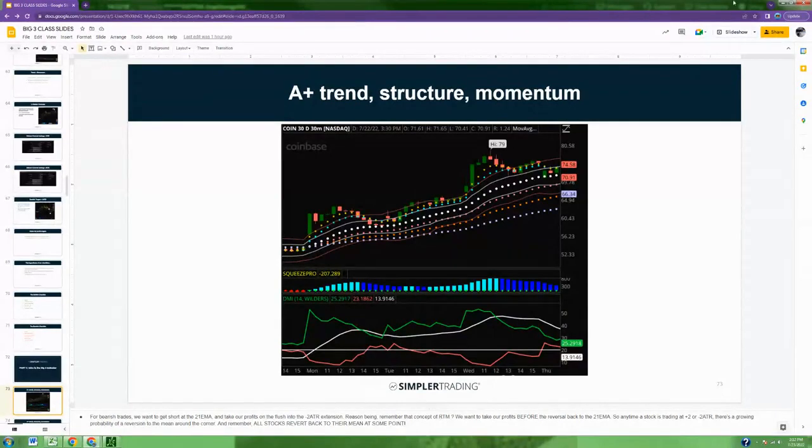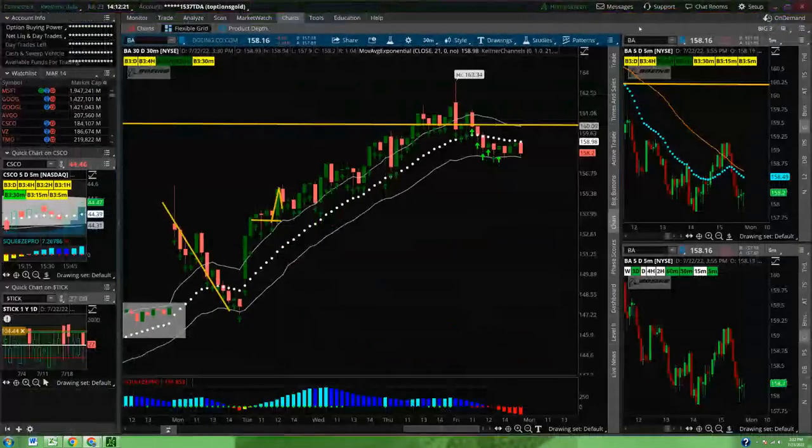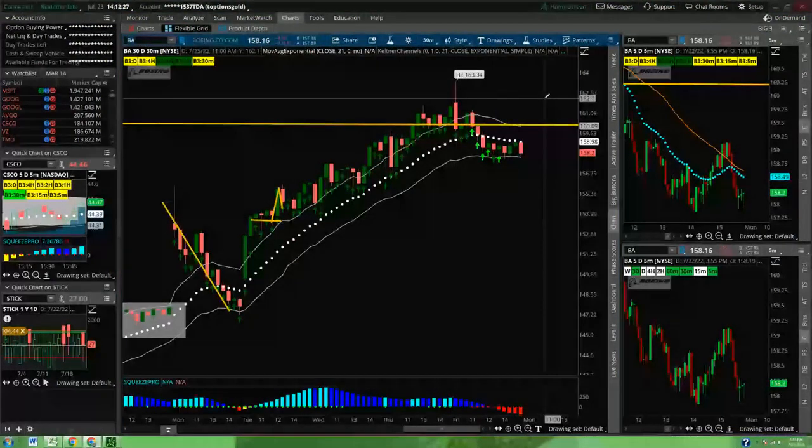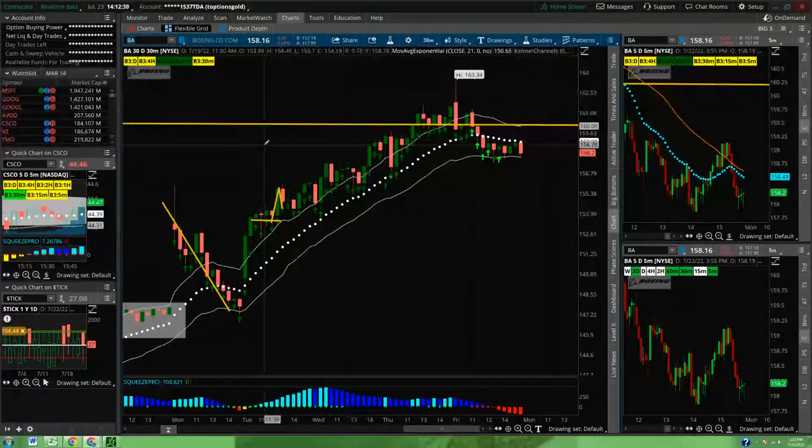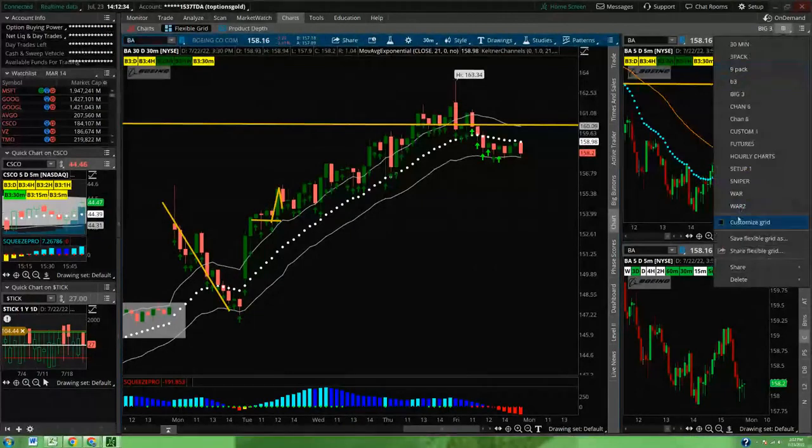Tim, how to save the setup? Yeah, so Tim, and if you guys got any questions as far as the chart settings or workspaces, we can do all of that. But what I'm doing here is the flexible grid. With the flexible grid, that's where we can start adding different charts and building our layout.